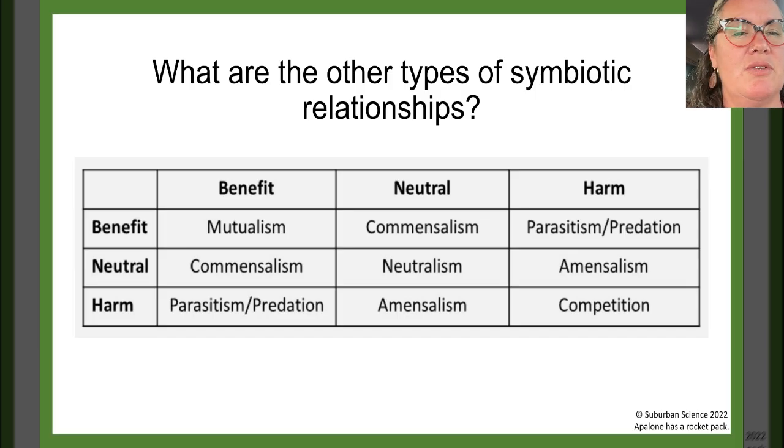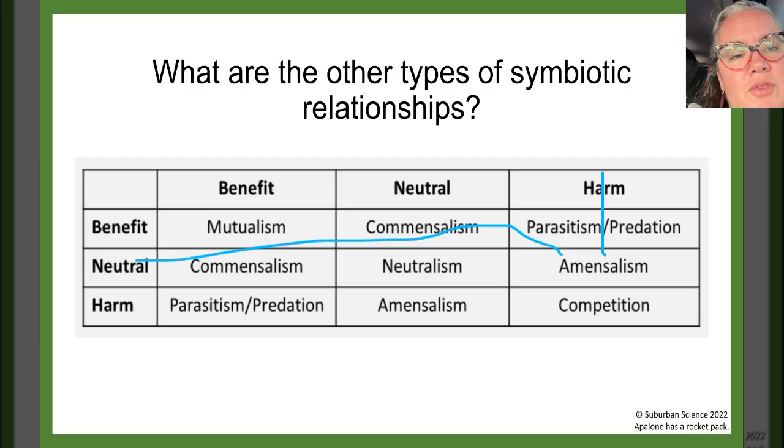So you can see this is like a little table, like the multiplication table, where you read here and here. So if it's harm for one and neutral for the other, you can figure out what that would be called. And so just reading sometimes about interactions between organisms will give you a little bit of insight.